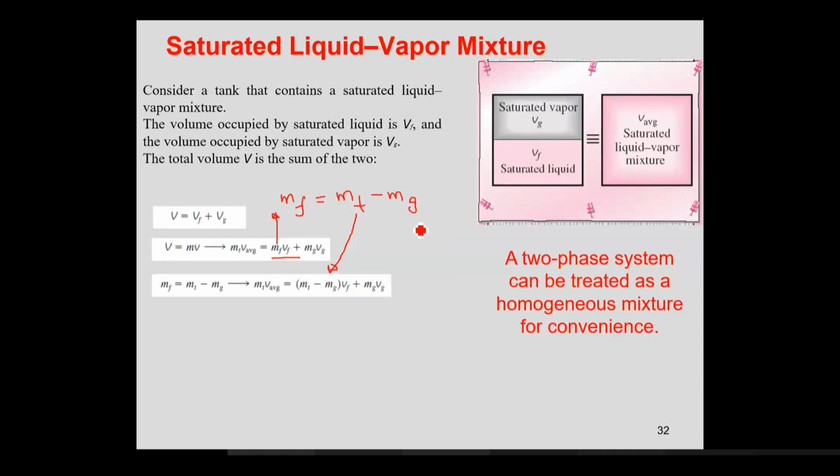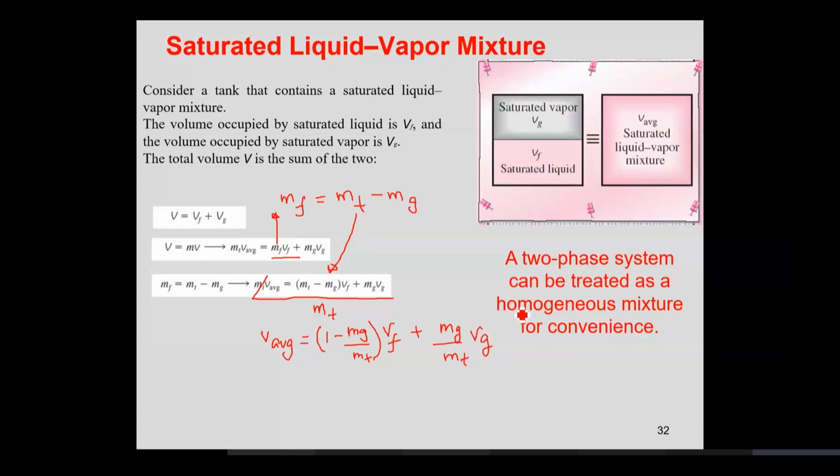Yes, sir. All right. Now if I divide the whole equation with total mass, this would cancel out and I would have the average specific volume, V average, equal to (1 minus Mg over M total) multiplied by specific volume Vf plus Mg over Mt into specific volume Vg.